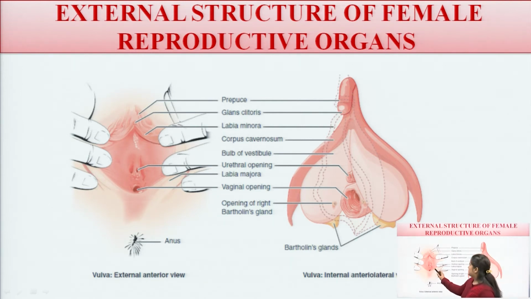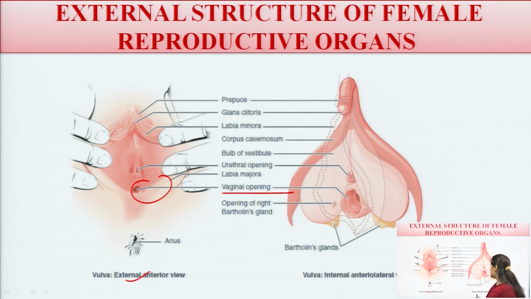This is the vaginal opening. There is an external view and there is an internal view. There is also the urethral opening. In the male reproductive system, the passage of sperm and the passage of urine use the same tract, but in the female there is a separate urethral opening for the passing of urine and a vaginal opening.